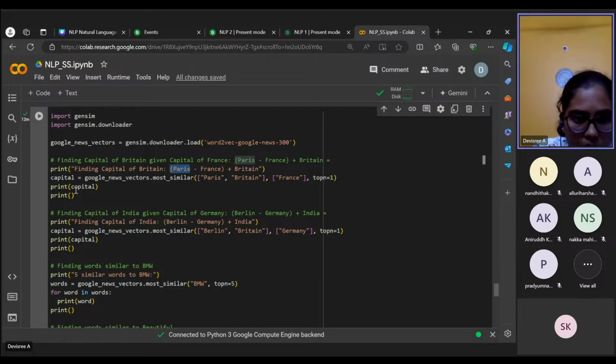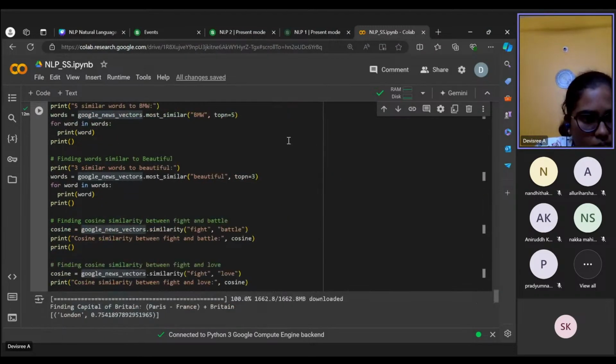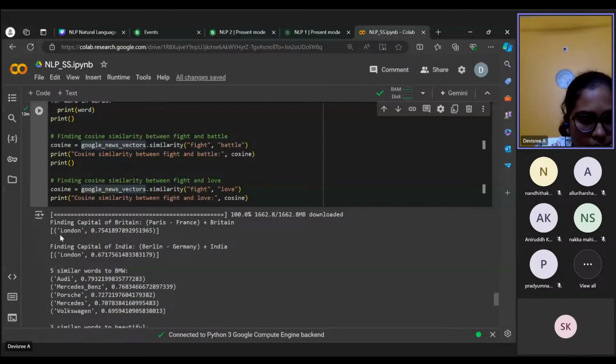So in this case, this Google News vector, it just downloads the data and loads the data and text from there. So when you print the capital of Britain, you get London over here.